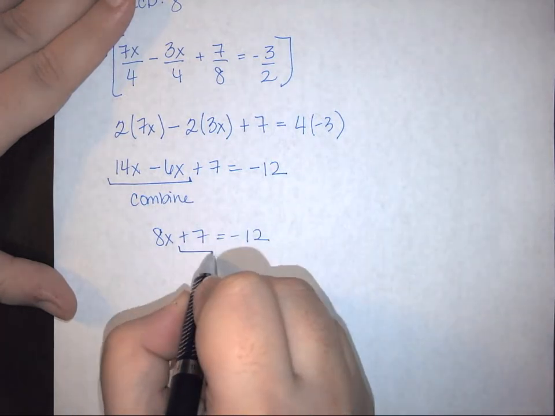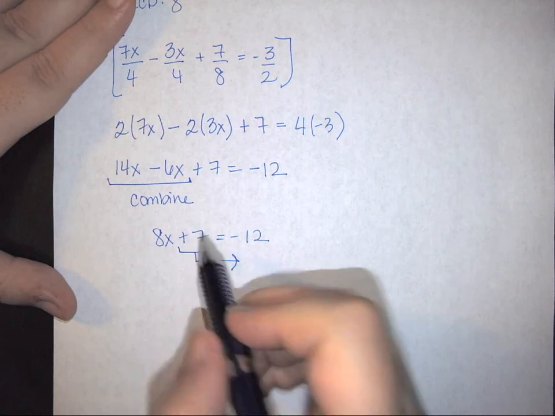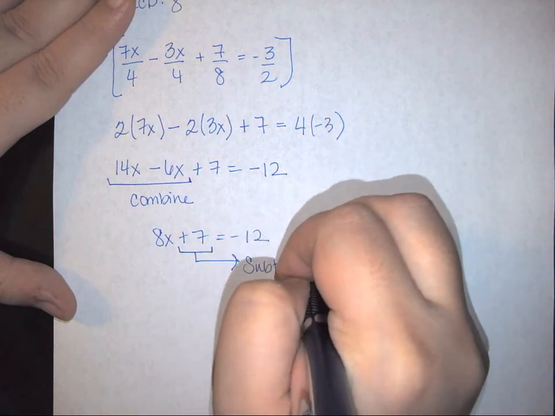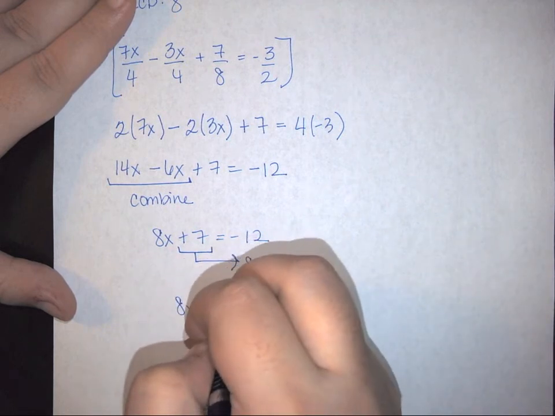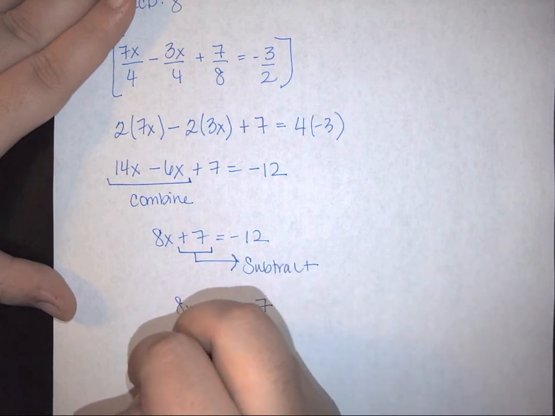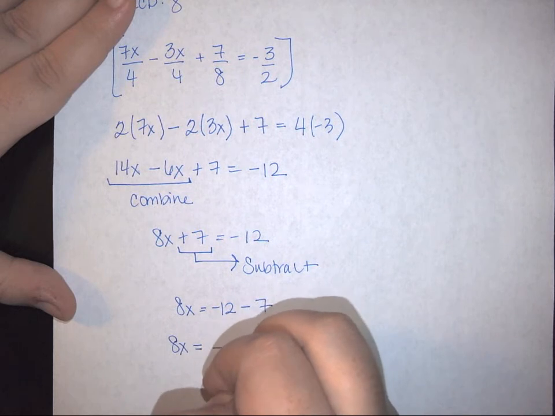Then I need to take this 7 and move it to the other side. It is positive, so to move it I have to subtract. Therefore I have 8x equals negative 12 minus 7. Do the math, gives me 8x equals negative 19.